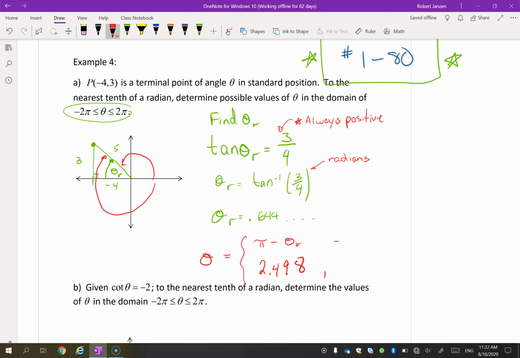This is going to be negative pi, because now you're going clockwise. Negative pi take away theta r. And this is going to give you negative 3.785. Those are the two angles that go to that terminal point.